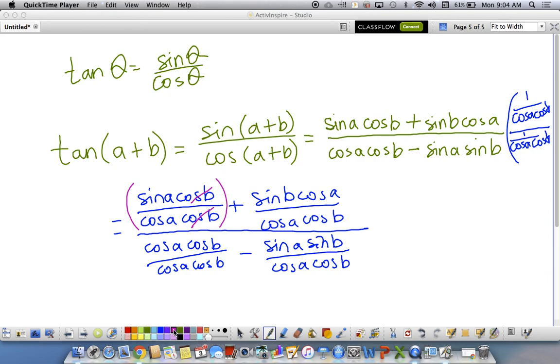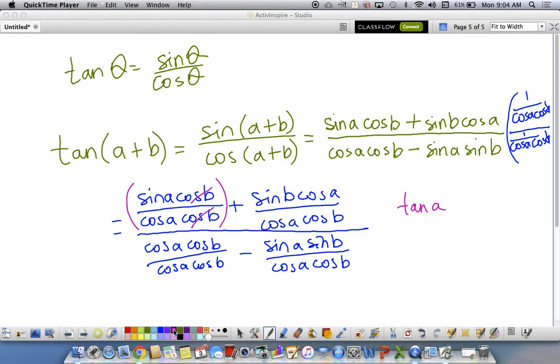Sine over cosine is what? So is this really tangent A times 1? So let's finish reducing.